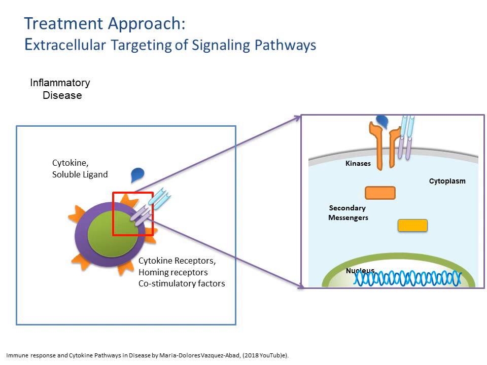So what happens is that when the receptors are engaged by the corresponding soluble factors, the kinases will be activated, basically, like I said, by phosphorylation, and they in turn activate the secondary messengers, which are now internal in the cytoplasm.